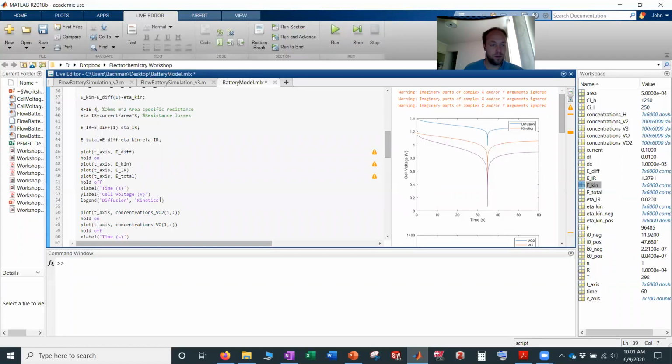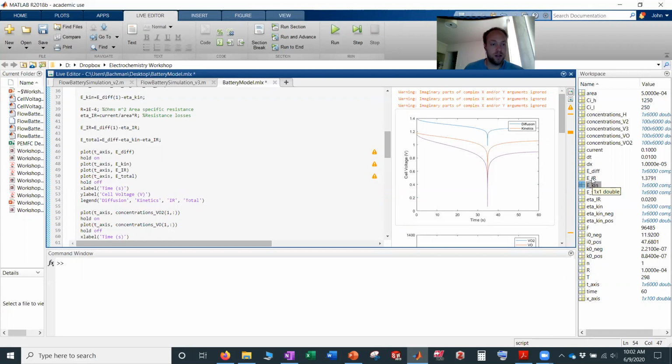So we should have diffusion, kinetics, IR, and total. You see the IR won't really change any. So let's see what E IR is, basically this constant value.